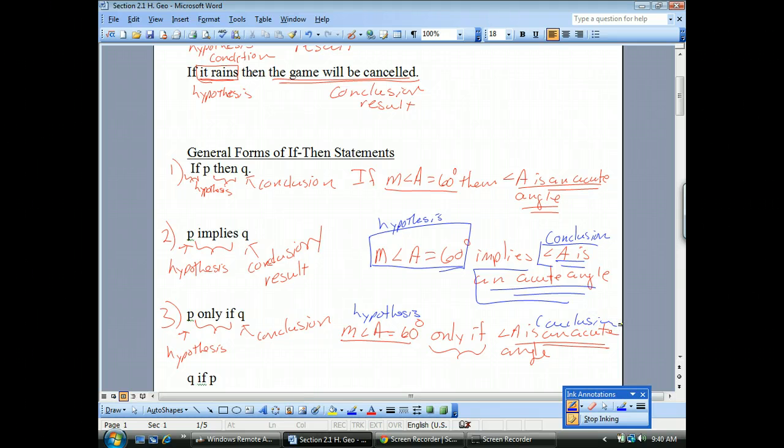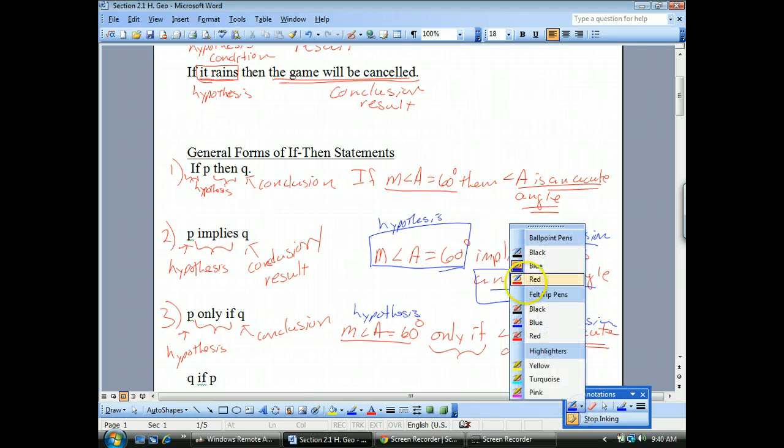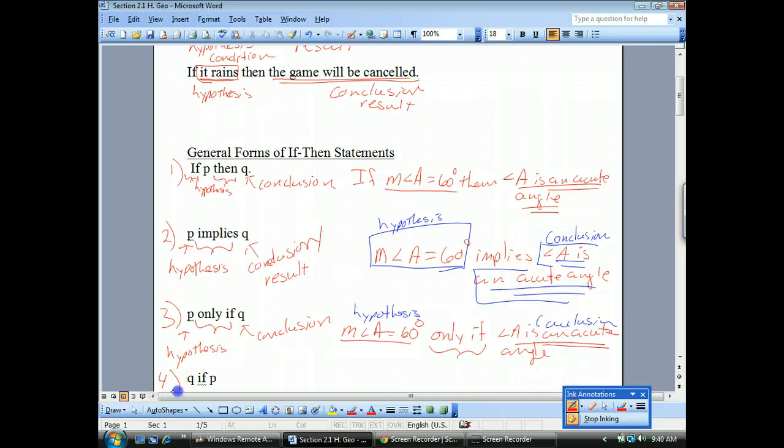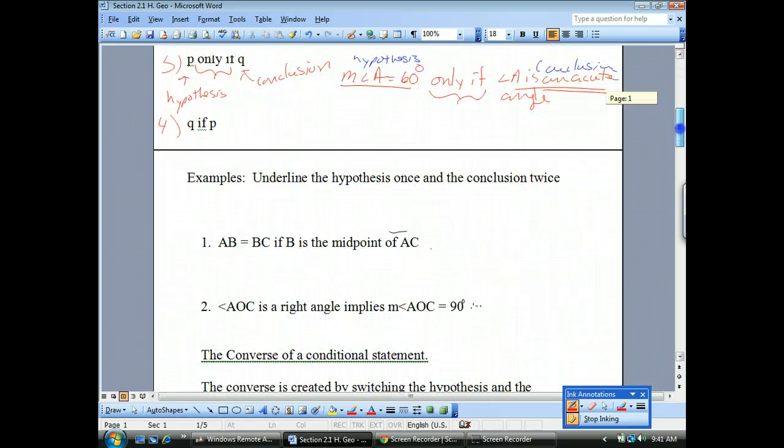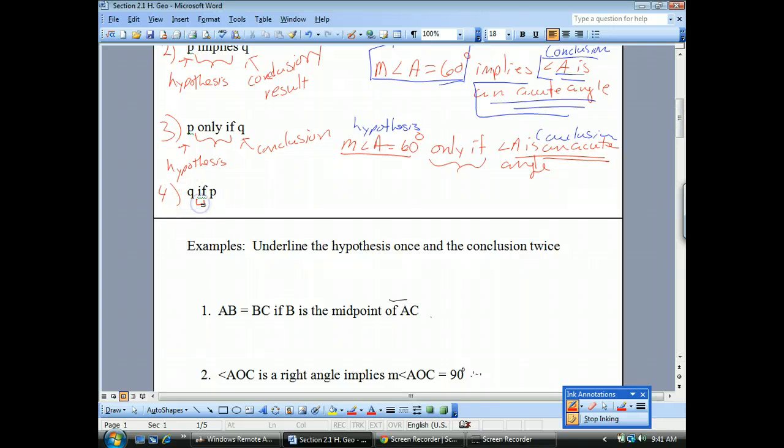Now the fourth one, that is the one that's different. The key word is if. Notice the key word is just the word if. When it's in this form, it's actually written backwards. The first statement is the conclusion, and the back statement is the hypothesis.